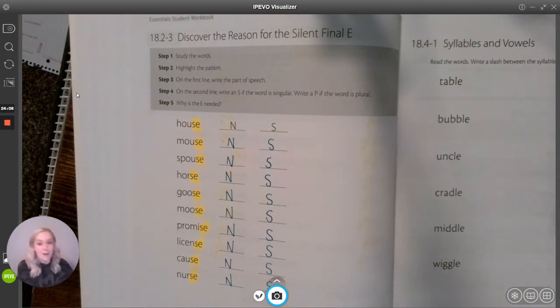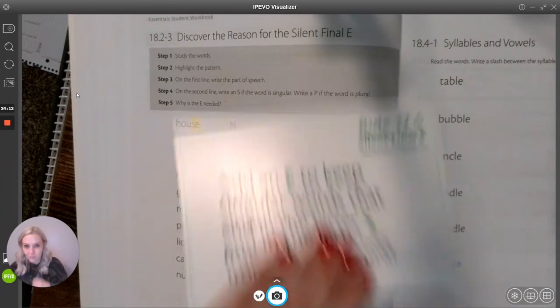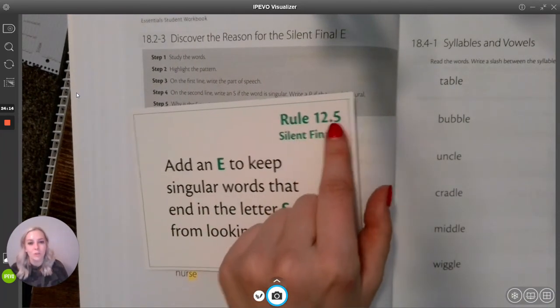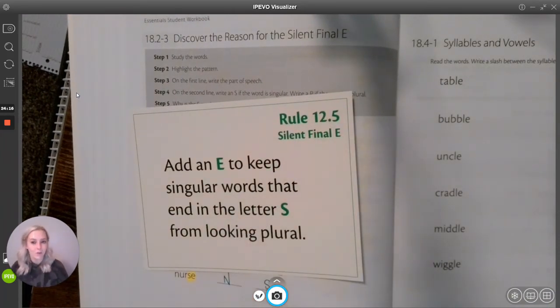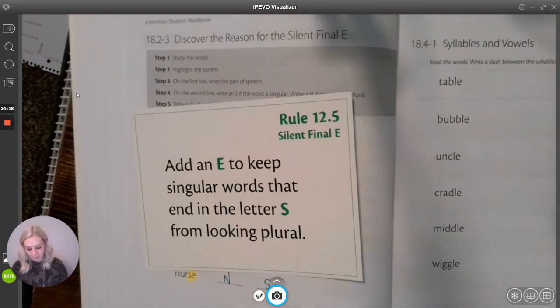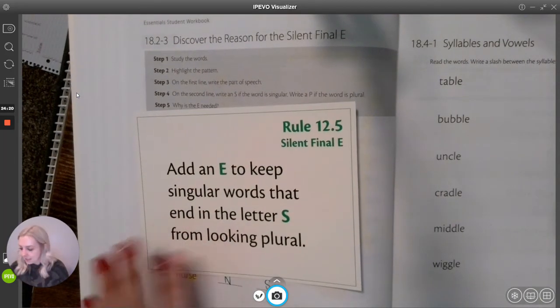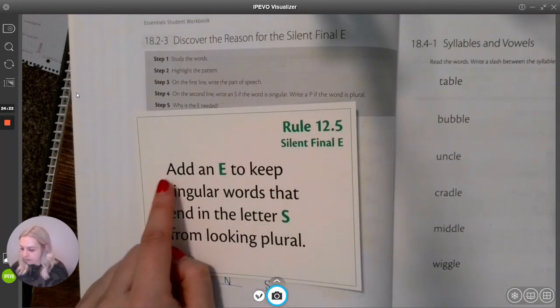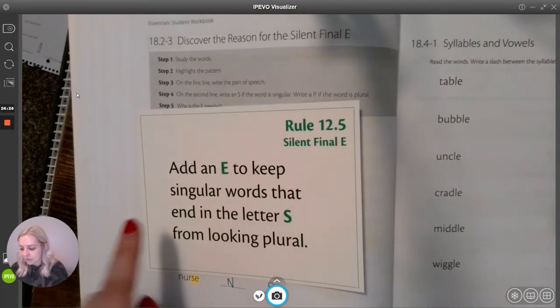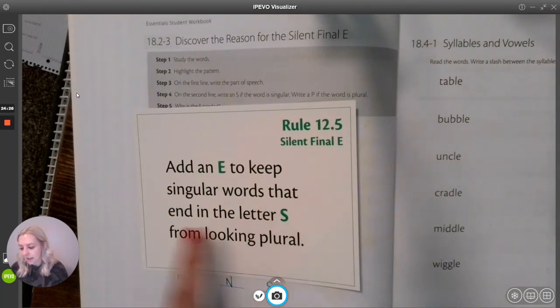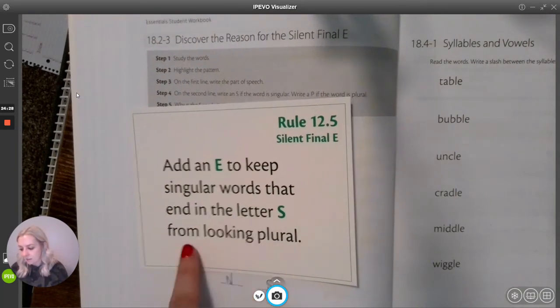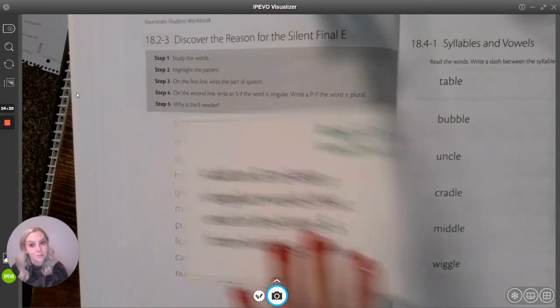Well, I'm going to show you the card. Okay, so this is Rule 12.5 for silent final E. This is the rule. Add an E to keep singular words that end in the letter S from looking plural.